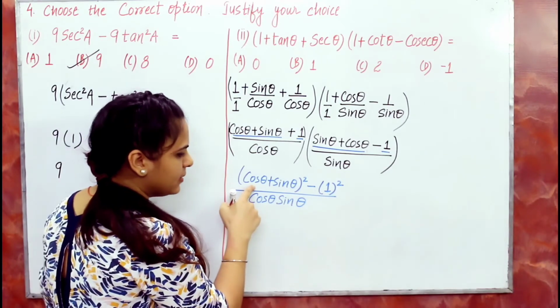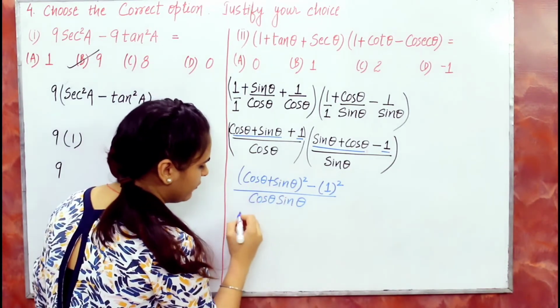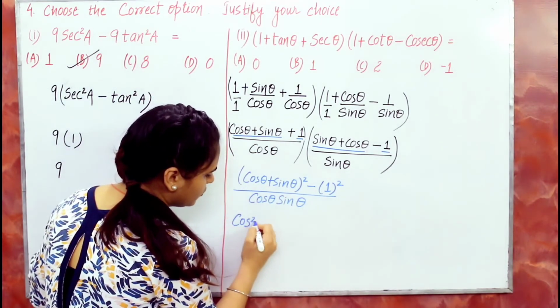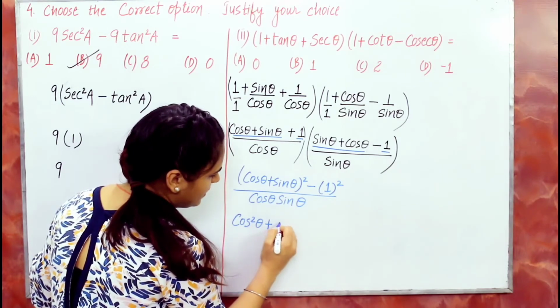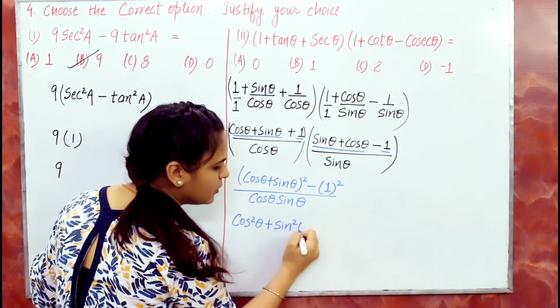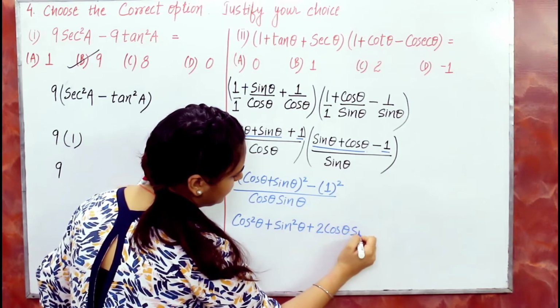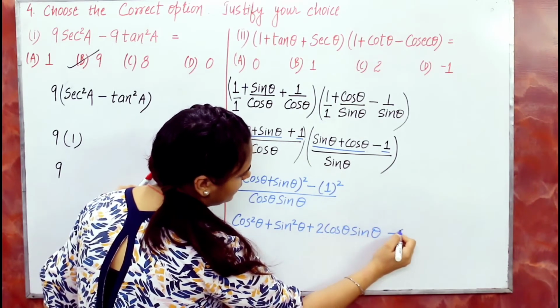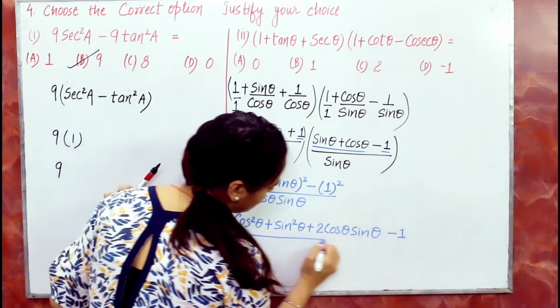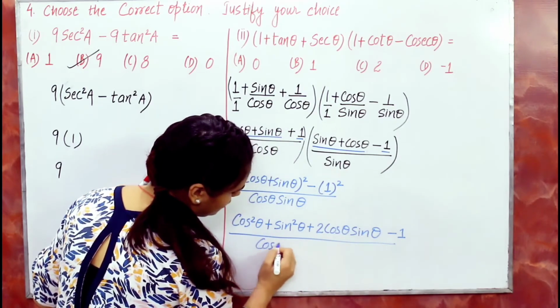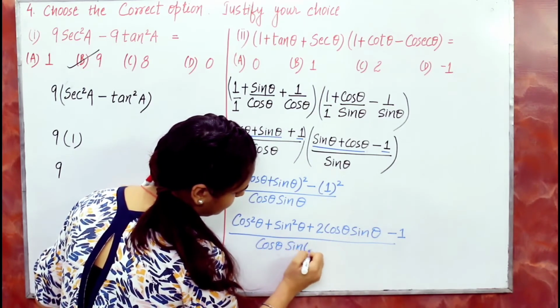By using the identity (a plus b) whole square, we will get cos square theta plus sin square theta plus 2 cos theta sin theta and minus 1. And in denominator we have cos theta multiplied by sin theta.